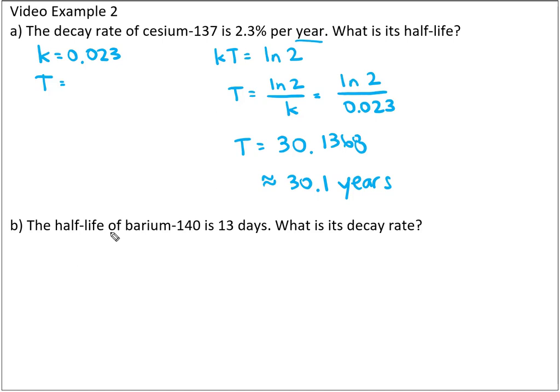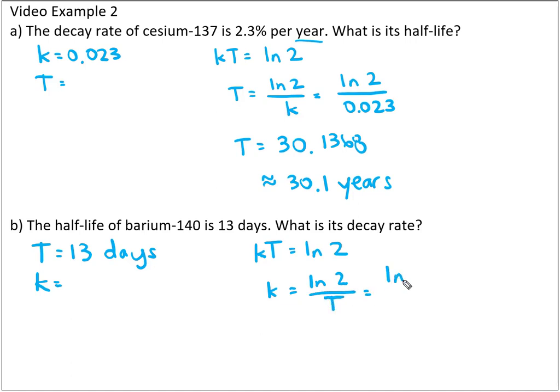Part B asks us about the half-life of barium-140. It tells us that the half-life is 13 days. So we have 13 days here as our half-life. What is the decay rate? Once again, we know k times t is equal to natural log of 2. And so solving for k, we're going to divide by t.